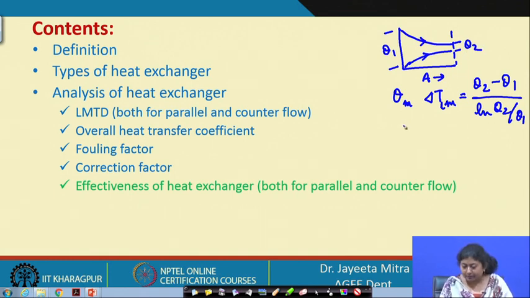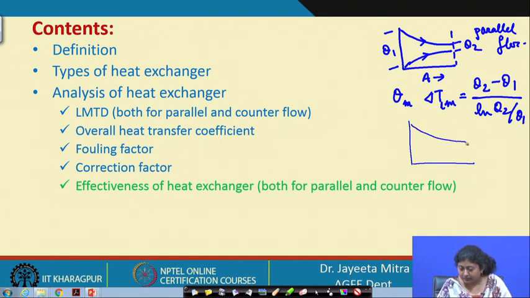This is for the parallel flow. And if we are discussing counter flow, this is the direction of the hot fluid and this is the direction of the cold fluid, and we are getting theta 1 here and theta 2 here.